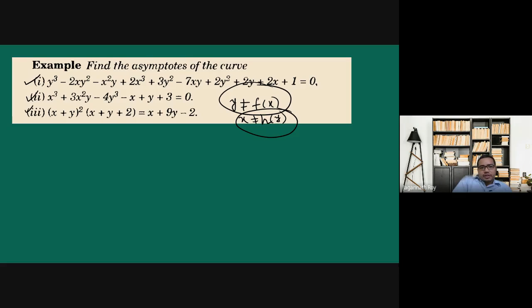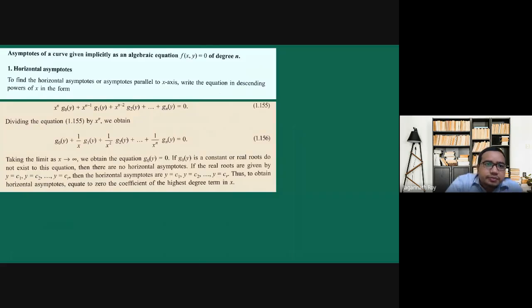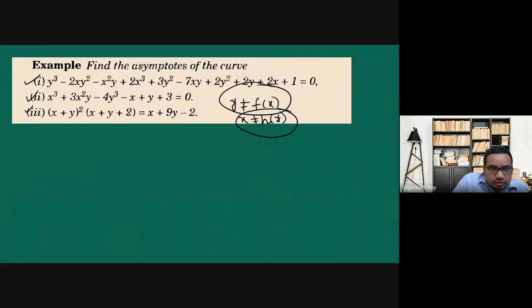for this type of functions, we have to consider the following approaches. Okay, for horizontal asymptote, suppose this is a function in this form. So x to the power n into g of y. So here x to the power 0 into g0 of y.